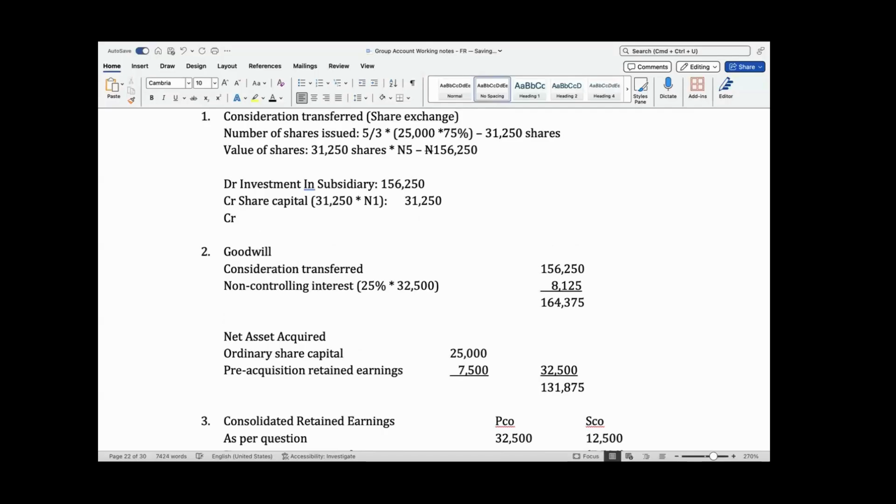The balance of 4 naira, where are we going to credit? With the balance, share premium. Share premium times 4 naira. So how much is that? 125,000.